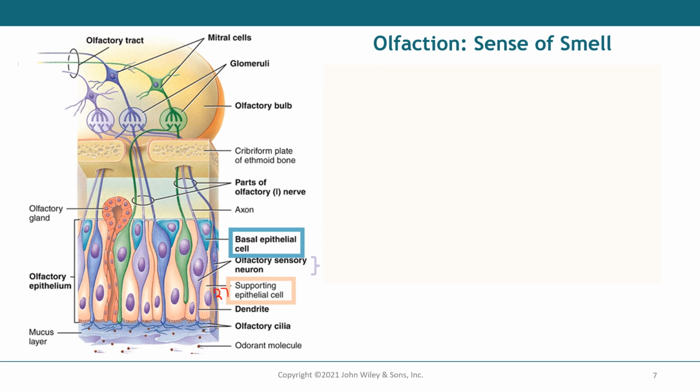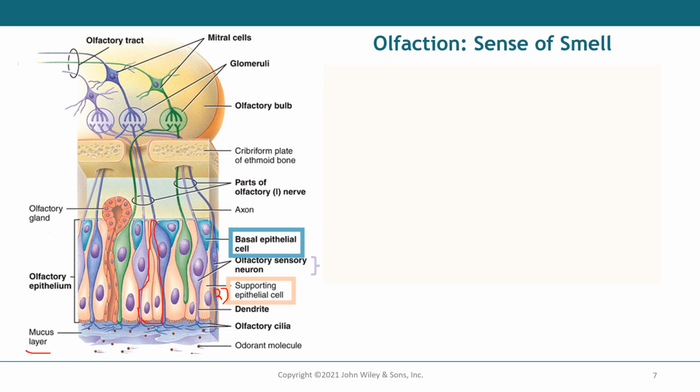So here, let's start with number two, the supporting epithelial cells. I'm going to highlight these ones. Here, if you see, they are very long. So they are a columnar epithelium, and they are located close to this mucus layer, in a mucous membrane lining the nose.